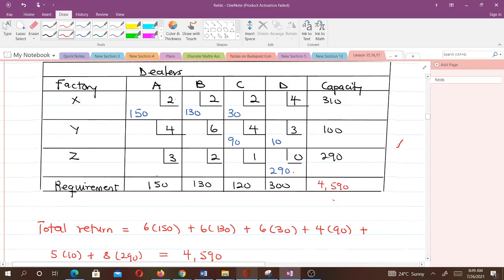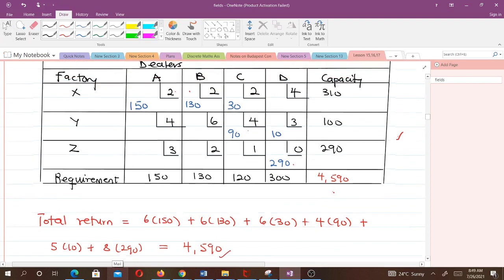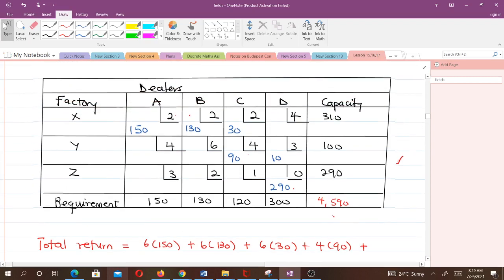So here it is 6 times 150. Here in the original one it was 6, so 6 times 130 plus 6 times 30. Then here in the original one it was 4, so 4 times 90, plus here in the original one it was 5, so 5 times 10. And here in the original one it was 8, so 8 times 290. And this will give us 4,590.